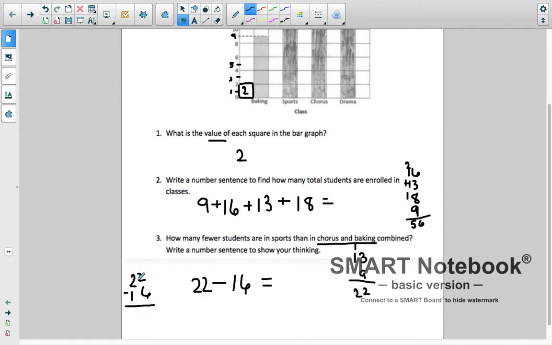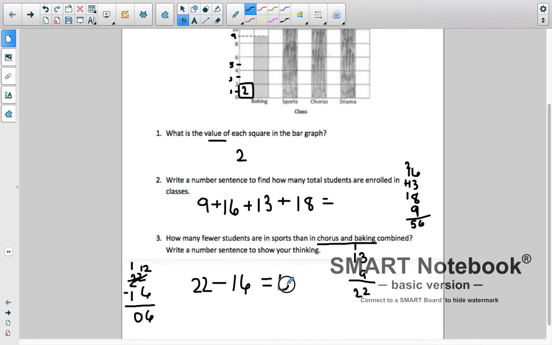So I know that if I have 2 of something, I can't take 6 away. So I'm going to borrow this 2 from here. That 2 becomes a 12. So 12 minus 6 is 6, and 1 minus 1 is 0.